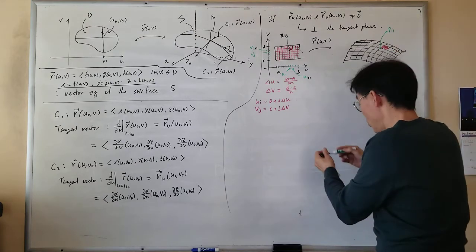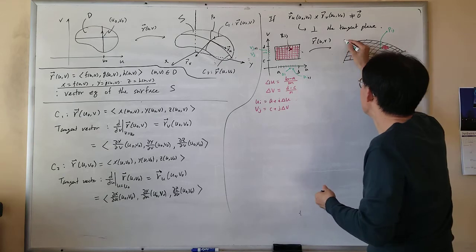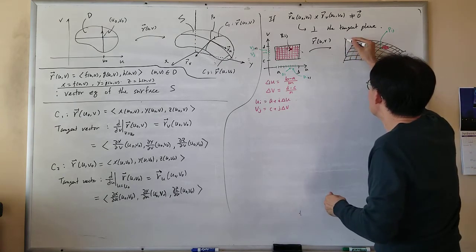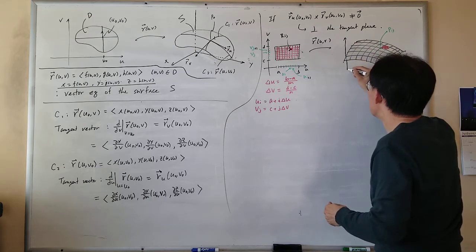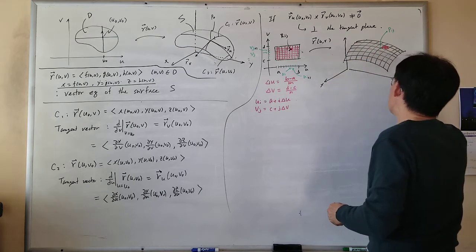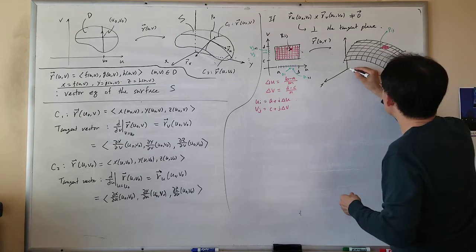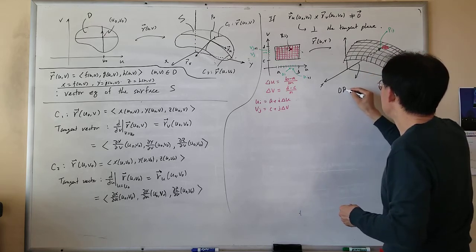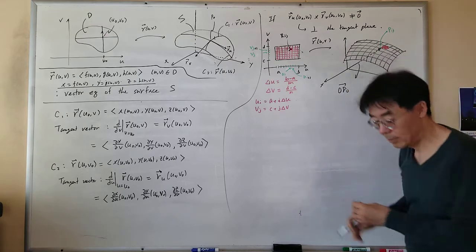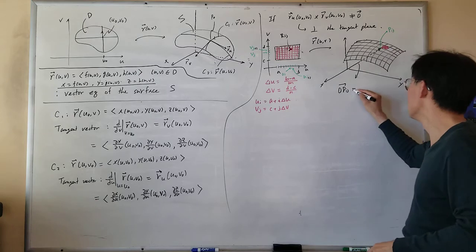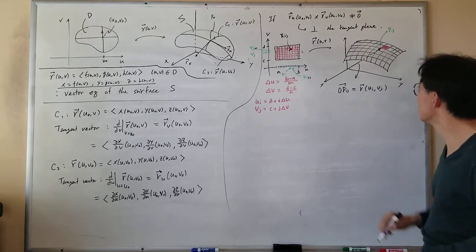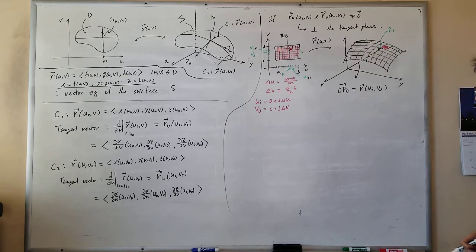So O Pij. So if you draw this, then this vector going into this OPij vector is exactly r(ui, vj).